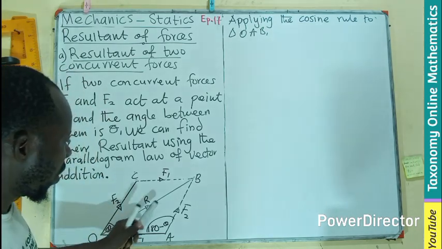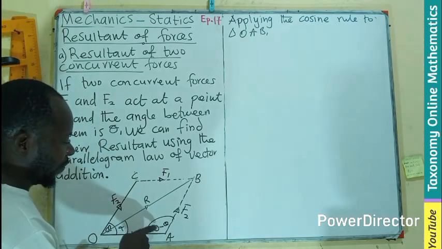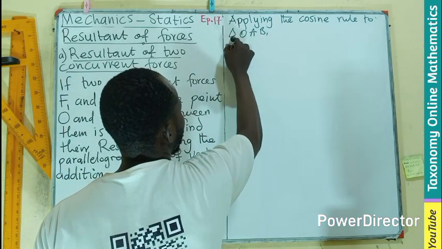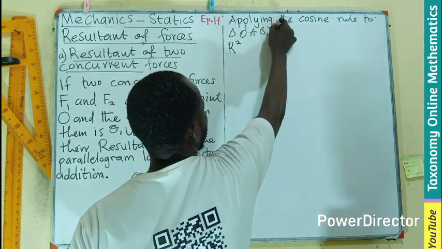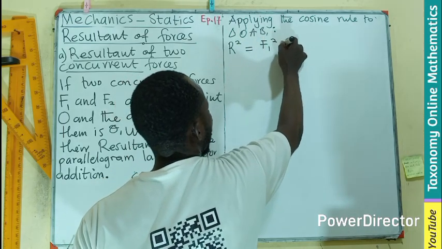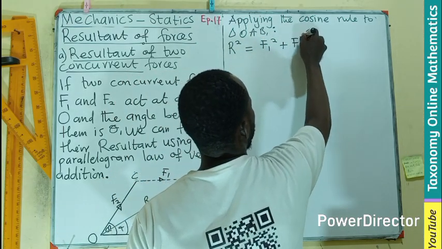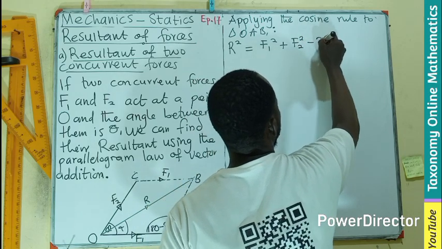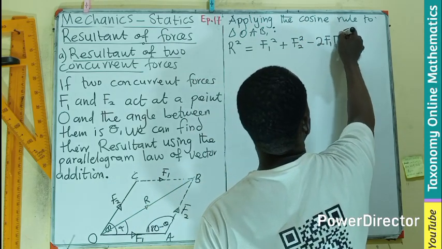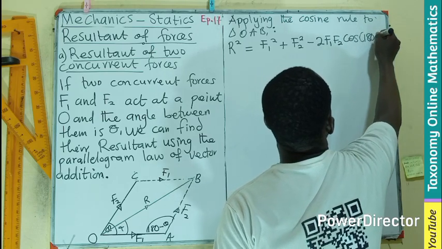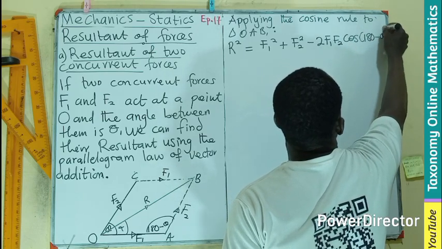We are looking for the longer side or the side facing the angle, which we are looking for as R squared equals F1 squared plus F2 squared minus 2 F1 F2 cos the angle, which is 180 minus what?